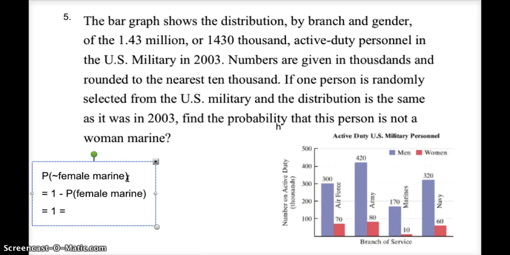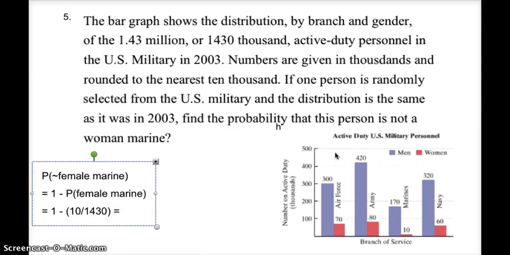So that's 1 minus the probability of being a female Marine. There are 10 female Marines out of 1,430. Remember, that's in thousands, so 1,430,000 Marines total.